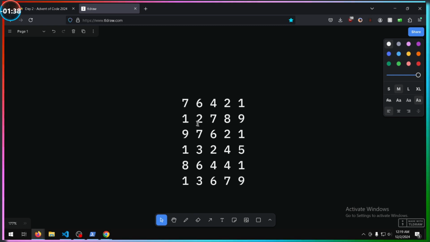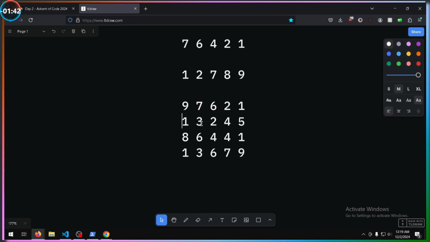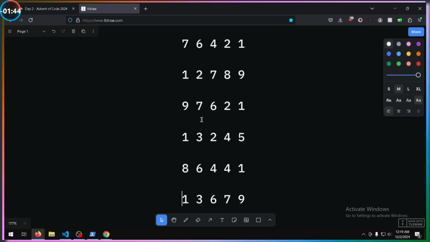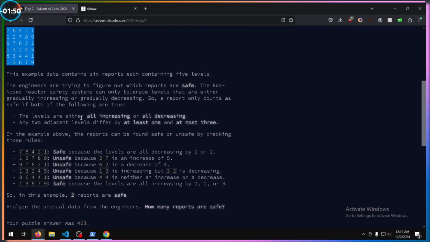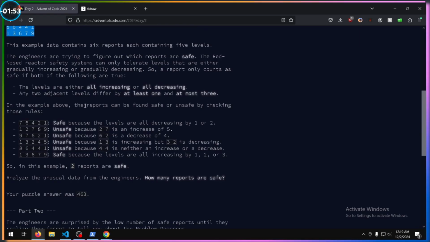As for the actual problem, knowing that each of these were a different input, they don't need to be considered as a whole. They can be considered in isolation. That's exactly what we did. Now, what they're asking us to do is to determine if a level is safe. And they defined that.